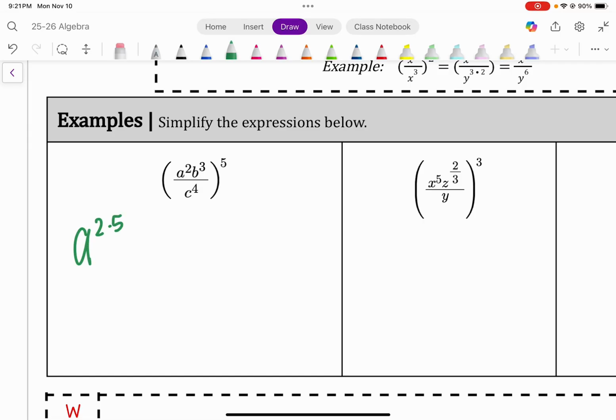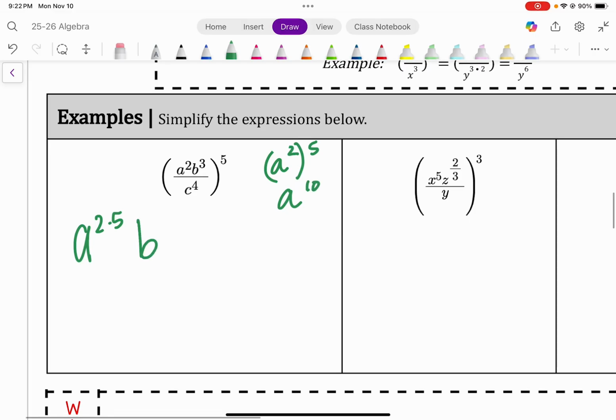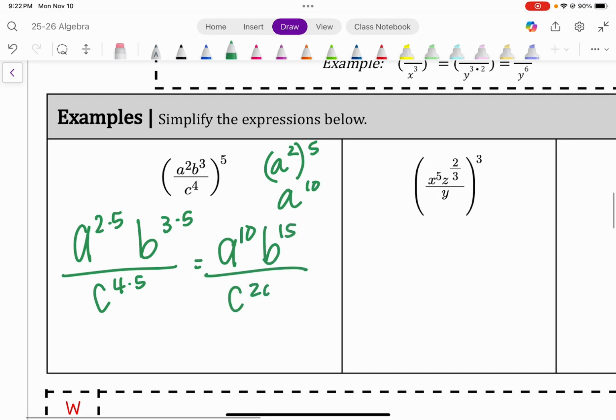And remember, when we learned this, we might have had a^2 to the 5th, which turned into a^10. So now b^3 to the 5 divided by c^4 to the 5. So that's a^10, b^15 divided by c^20.